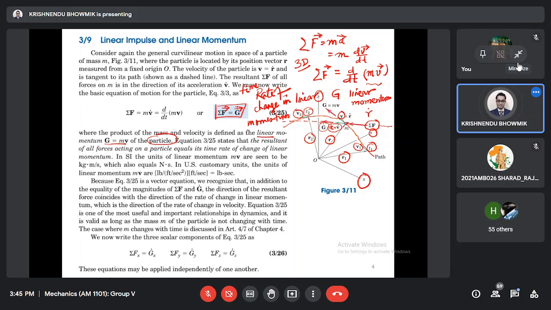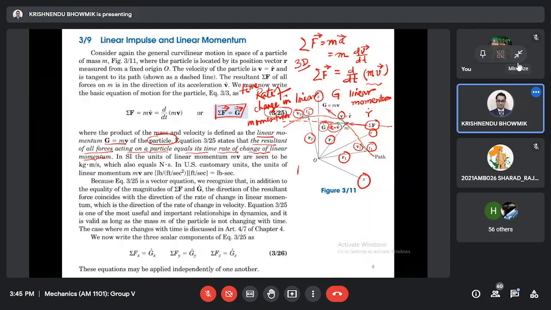That's why we say, in expression 3/25, that the resultant of all forces acting on a particle equals the time rate of change of linear momentum.